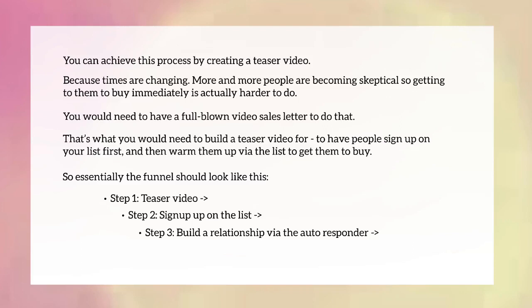Psychologically, we have seen that most of the time it takes anywhere from 7 to 12 emails or days, whatever you want to do, for the prospect to really warm up to you. And in that time, you just want to give them really good content to bring them from not knowing you to, oh, I really trust you enough to want to buy your product.